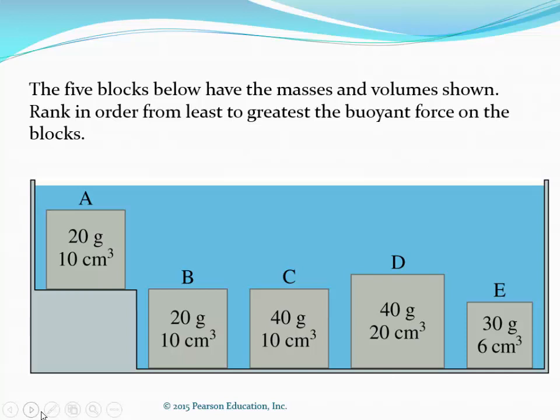Again, buoyant force is equal to the weight of the fluid that is displaced. And the weight of the fluid that's displaced depends on the volume of the fluid that is displaced.